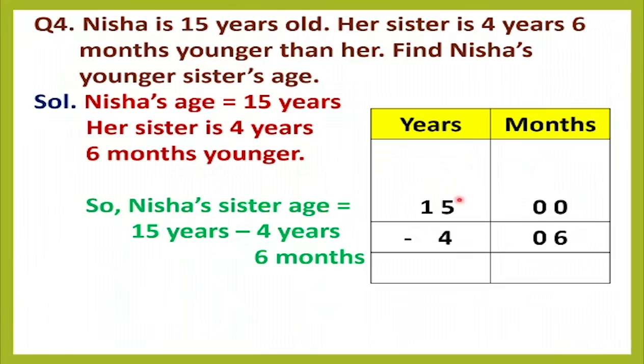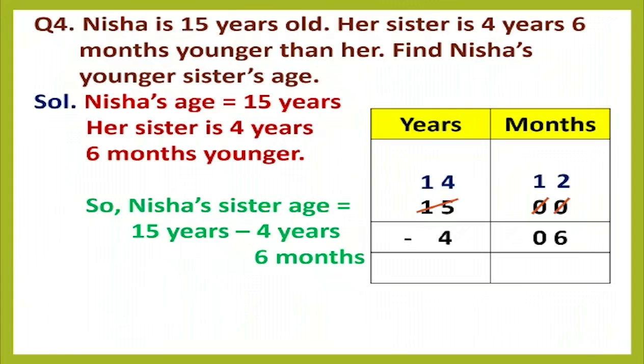We will borrow 1 year from this 15 years. 1 year equals 12 months. So this 15 years will become 14 years and this 0 month will become 12 months.